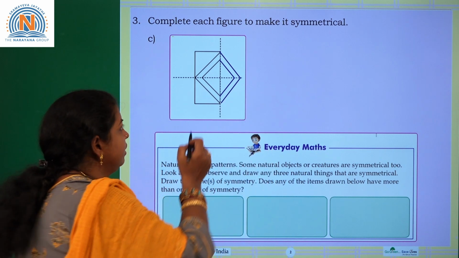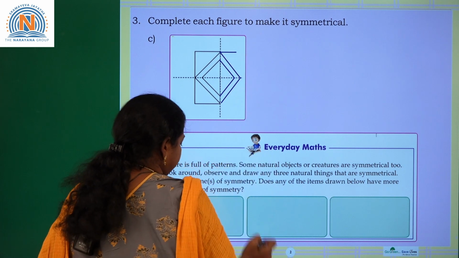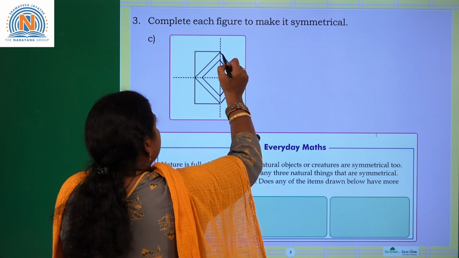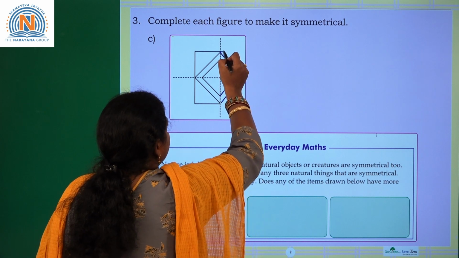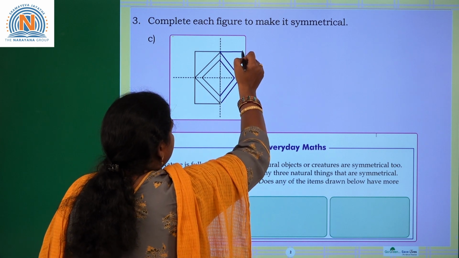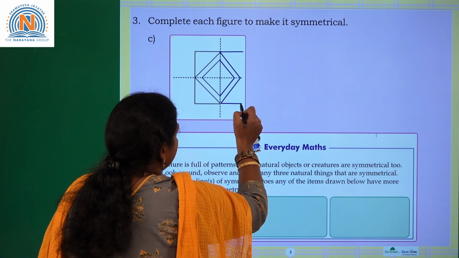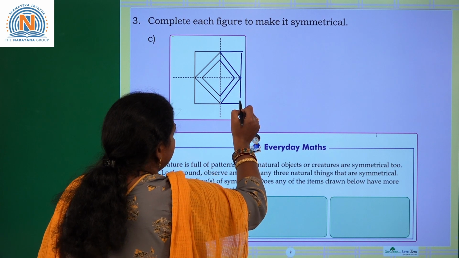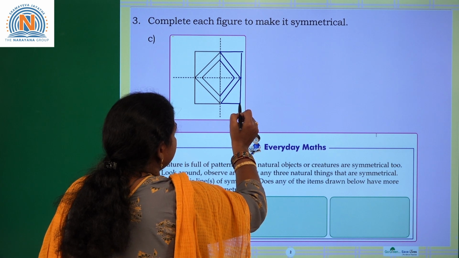Okay, children, right. What else we need to complete? We need to complete the square. Okay, here also one horizontal line, and then we will draw one vertical line like this to complete the figure.